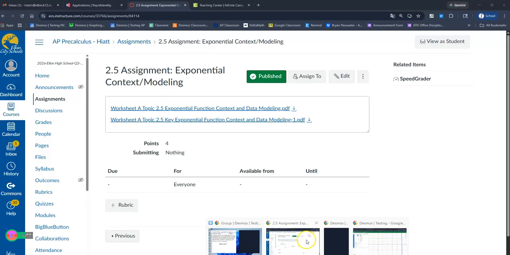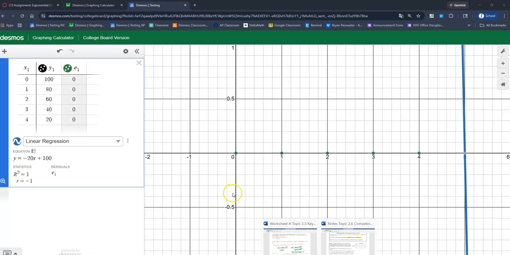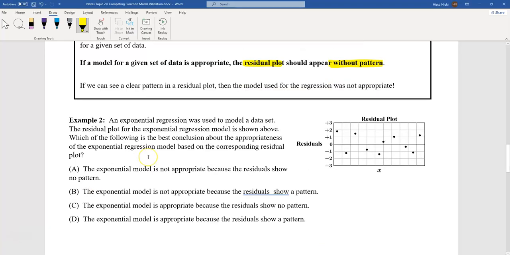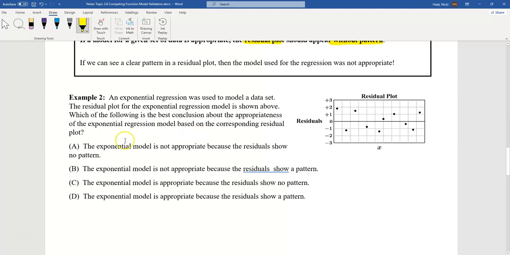All right, so back over here to the notes. For example 2, an exponential regression was used to model a data set. The residual plot for the exponential regression model is shown, that should say to the right. I reworked these to try to use less paper here. Which of the following is the best conclusion about the appropriateness of the exponential regression model based on the corresponding residual plot?